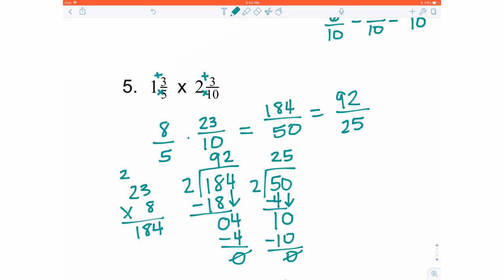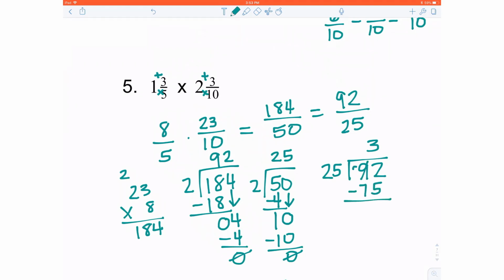So let's go ahead and make this a mixed number. So let's do 25 goes into 92, right? So 25 goes into 92 3 times. 25 times 3 is 75.